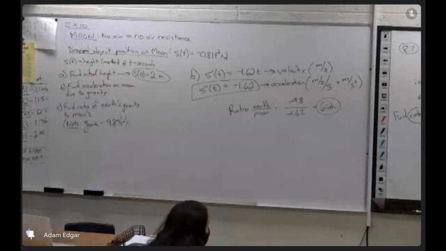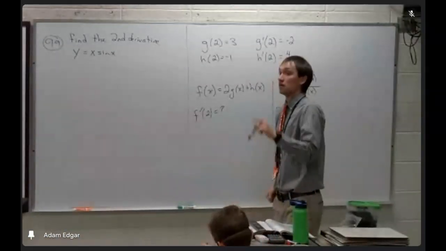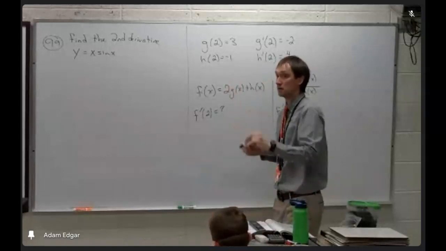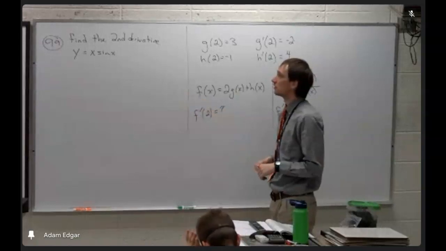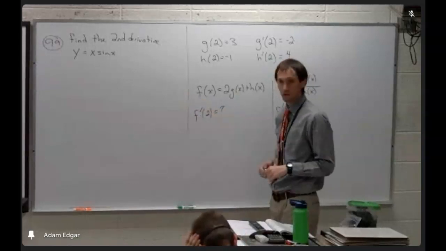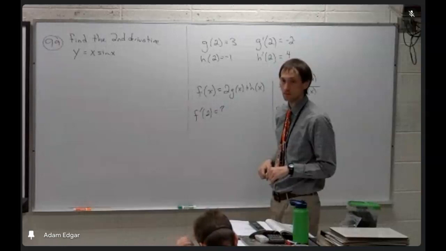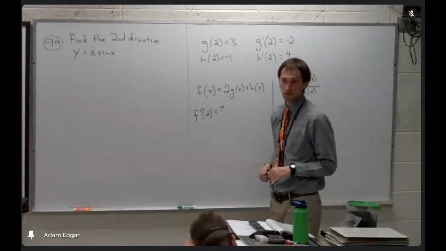Questions with 87? You're going to have to do that on homework again. No. 99. Get the first derivative. Then get the second derivative from the first derivative. Go.